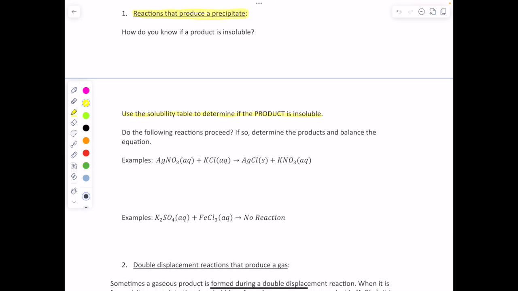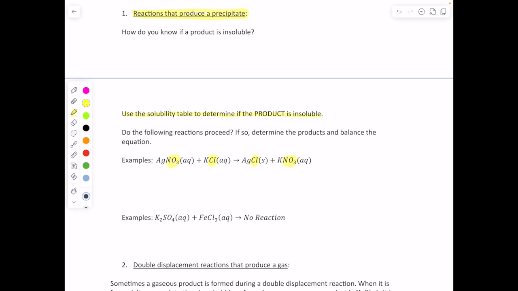Let's take a look. We have silver nitrate and potassium chloride. Let's take a look at the products. Silver chloride and potassium nitrate. Will a reaction occur?